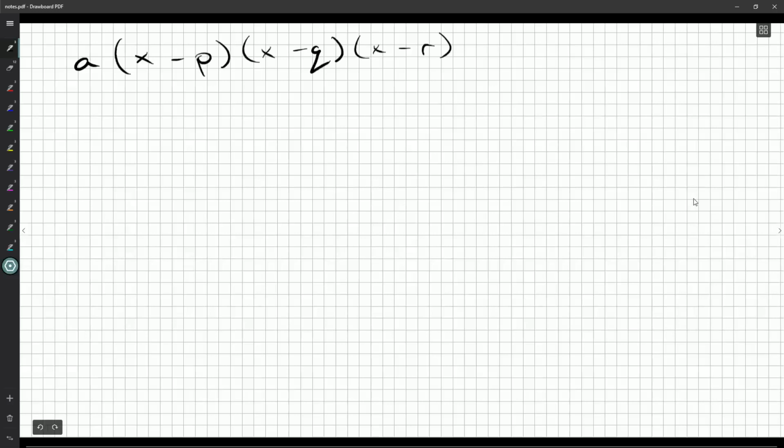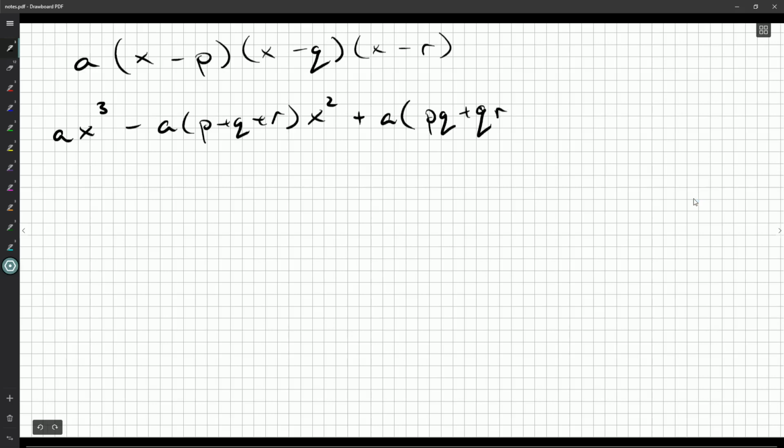Now, when we multiply all this out, we get a x cubed minus a times p plus q plus r x squared plus a times pq plus qr plus rp x minus a pqr. All right.